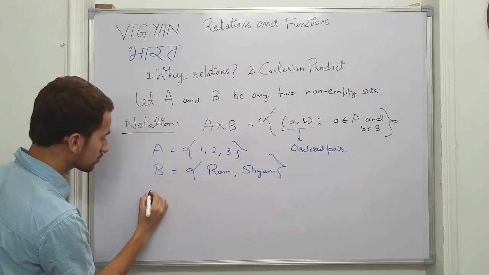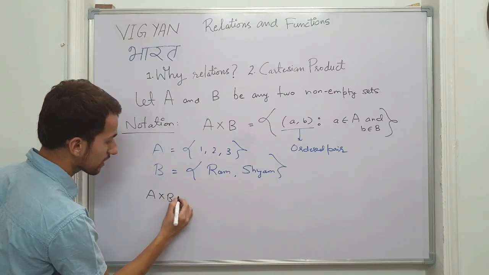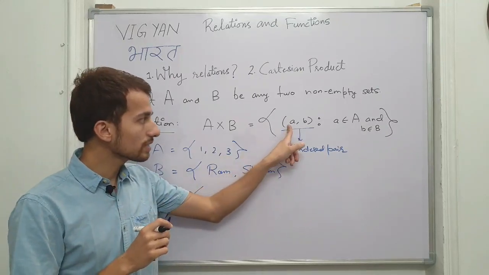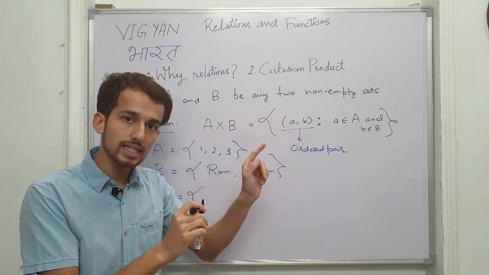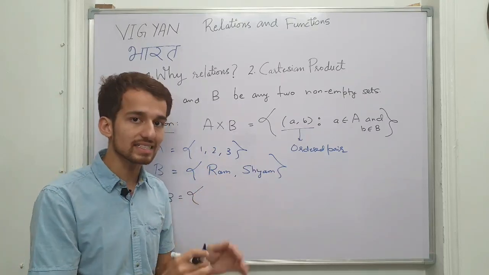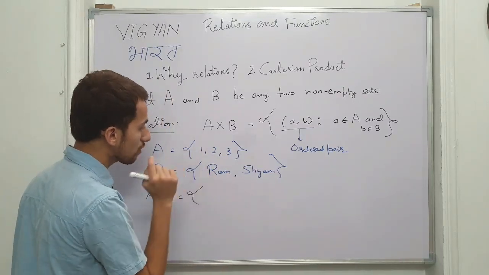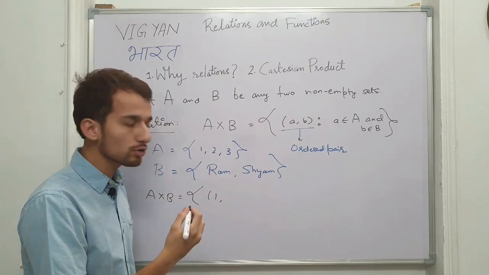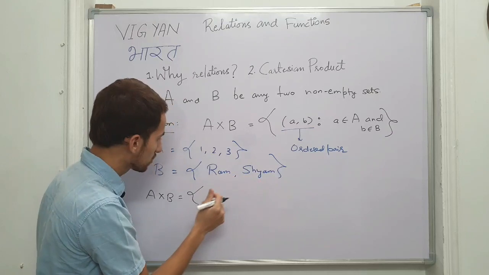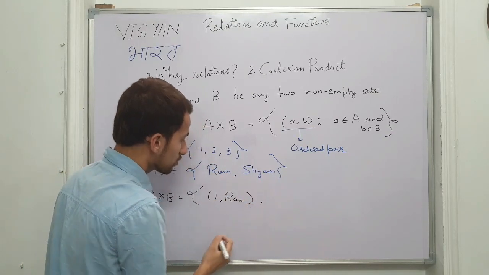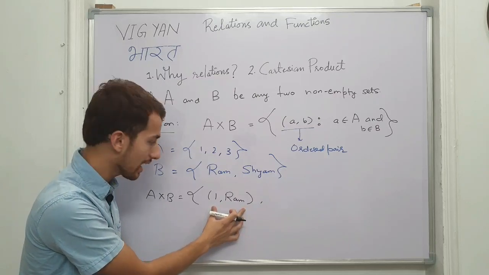Now A cross B, the Cartesian product, is defined as follows: you first collect all the elements which belong to the first set and take the corresponding choices from the second set. If I choose 1, then with 1 I have the possibility to take Ram and Sham. The first possibility is 1, Ram. So this is one pair.